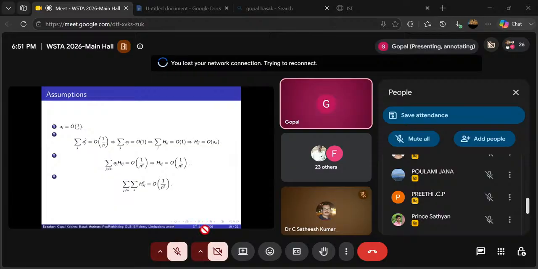Once we have that, then summation a_j actually turns out to be order 1. So the additional assumption, we are exploring whether we can avoid it.